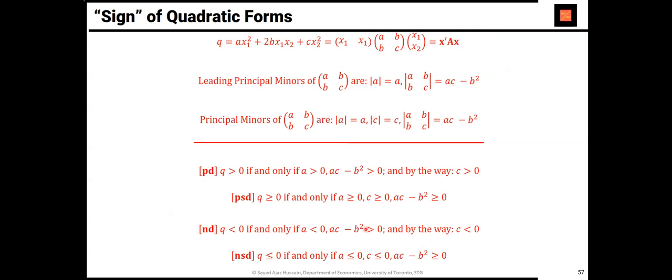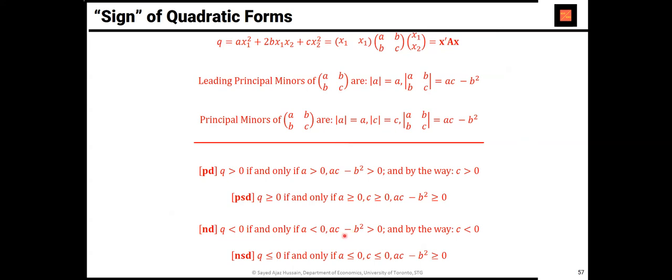The second leading principal minor should be positive. The first one is odd, a negative; the second is even, and should be positive. So for an ND matrix, the leading principal minors must alternate in sign. The first should be negative, the second positive, the third negative, and so forth.